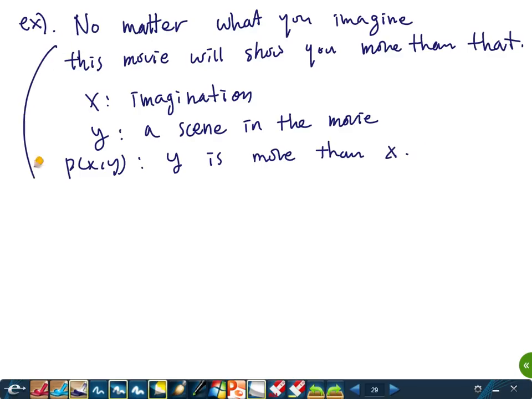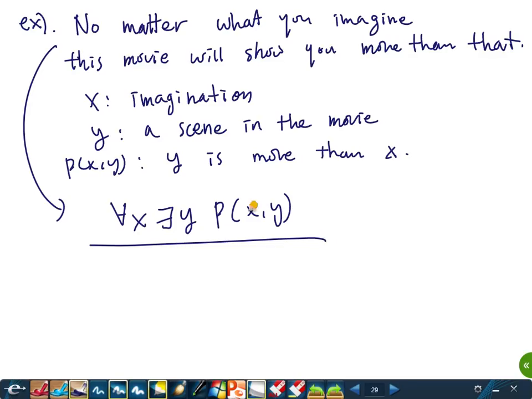Then what this sentence says is that for every imagination, there exists a scene which is better than the imagination, right? So this is a very common phrase in real life. You would probably use this kind of thing in your real life. So these are important concepts. You can use this in real life.